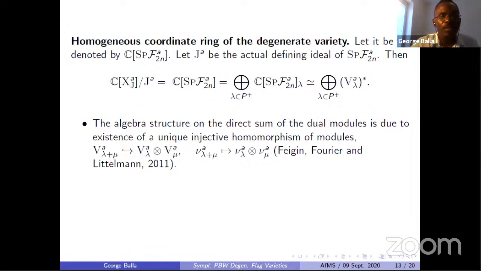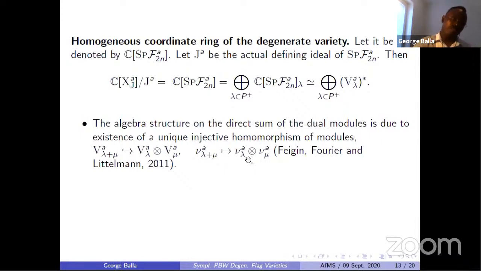And the injection is by sending the highest weight vector in the first space to the component, because on the right-hand side we have a bigger space. So we just send it to the corresponding component.